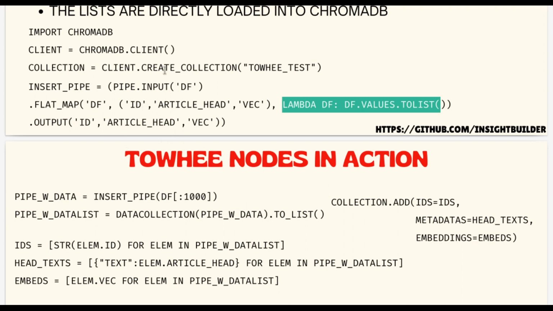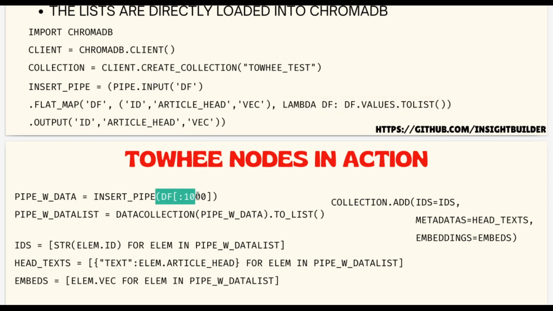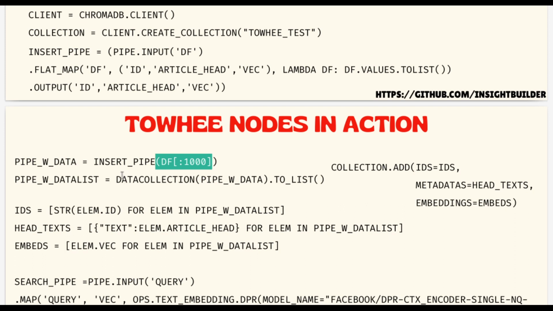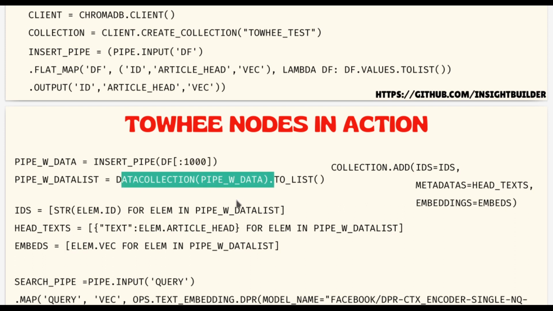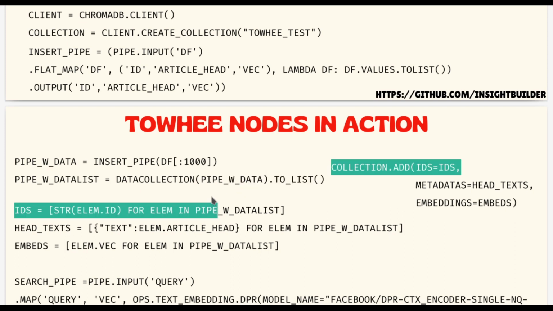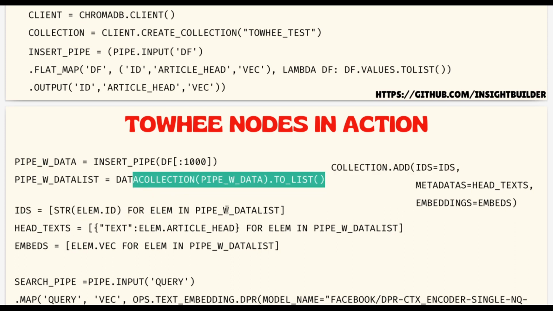So this is the input of the data into the pipe function. Once I do that, I can actually look at the entire pipe collection by, again, converting the pipe data into a list. This is an important step that you have to do to see how the data collection looks.